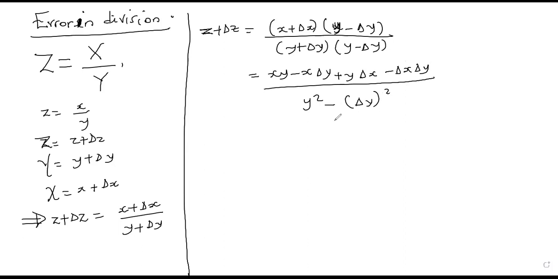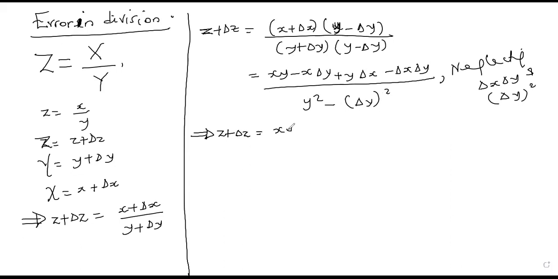Of course, we shall neglect delta x delta y and delta y squared because they are too small. And if we neglect them, it means that we shall have our z plus delta z equal to xy minus x delta y plus y delta x out of y squared.